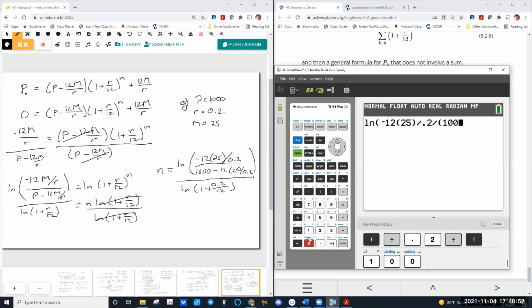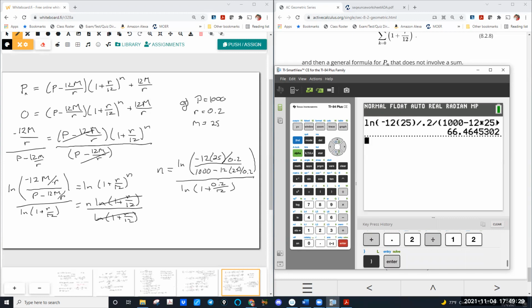I guess we got a couple denominators. 1,000 minus 12 times 25 divided by 0.2. Okay. Now that is our first natural log, divided by natural log of, this one isn't quite as bad, 1 plus 0.2 divided by 12.